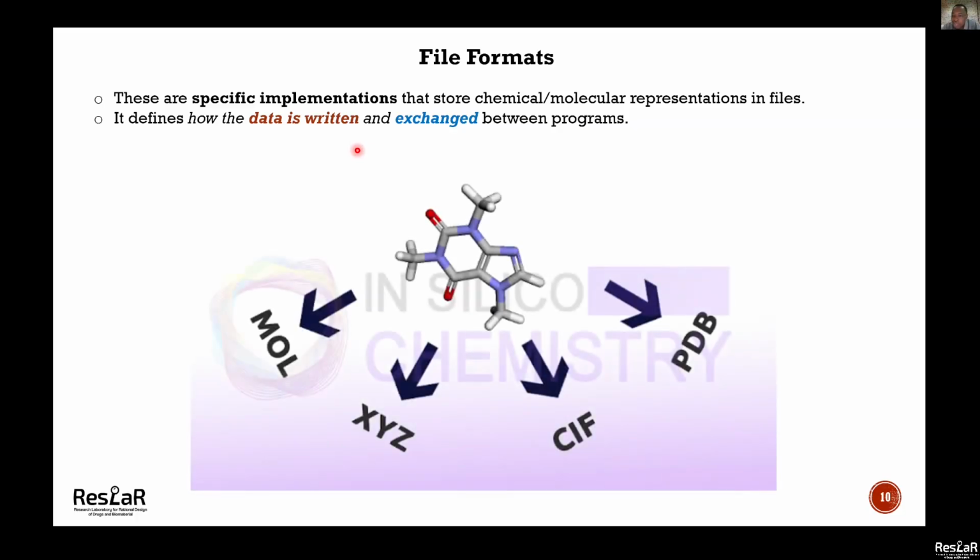There are so many of them, thousands. We can start with mol, XYZ, just the coordinates, CIF, PDB, and on and on. There are a million. In fact, they are proprietary. If you have a software, most times you design a file format that is suitable for your software.